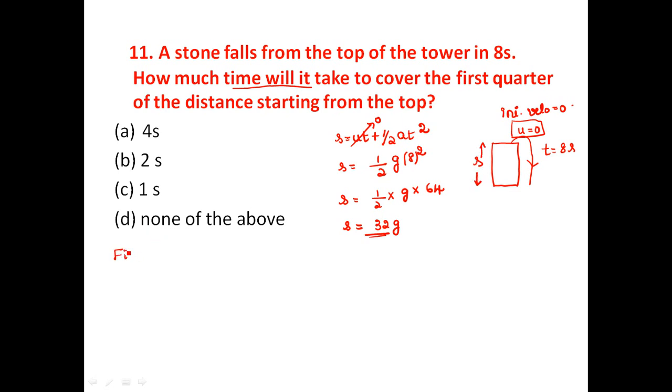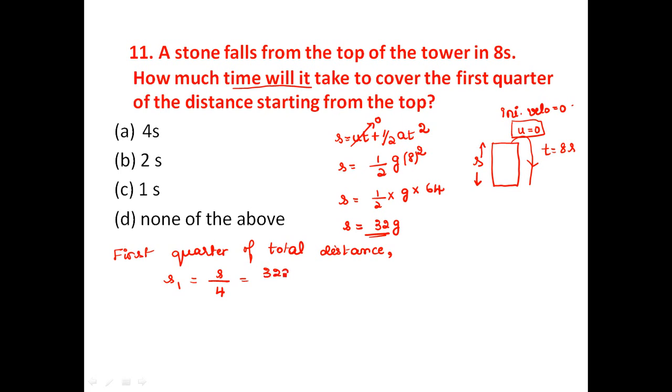I'll write it. First quarter of total distance, which will be S1. I'll write it as S1, that is equal to quarter of the total distance, S by 4.